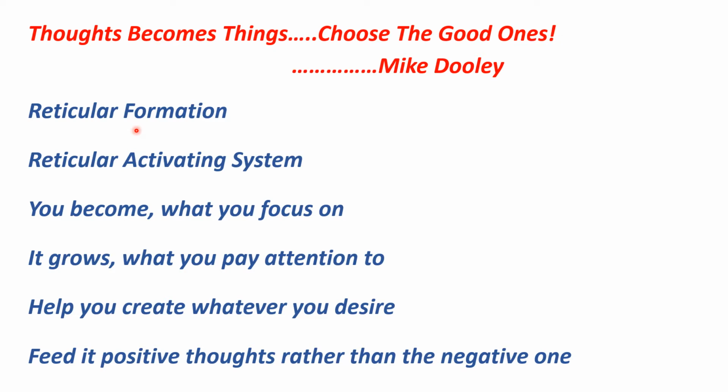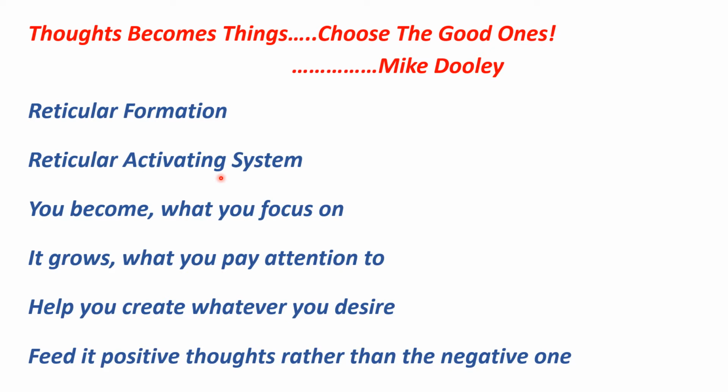Now, a very important component of reticular formation is the reticular activating system, or what we call RAS. Although we will be talking of reticular formation as a whole, especially this component, along with its reticular core, reticular formation is also called reticular core.